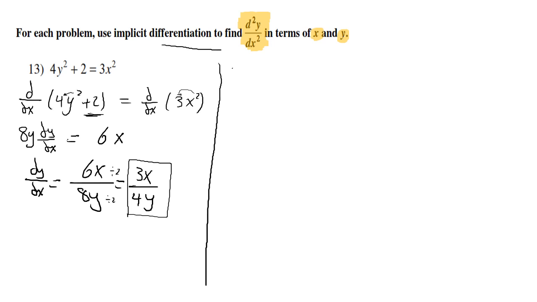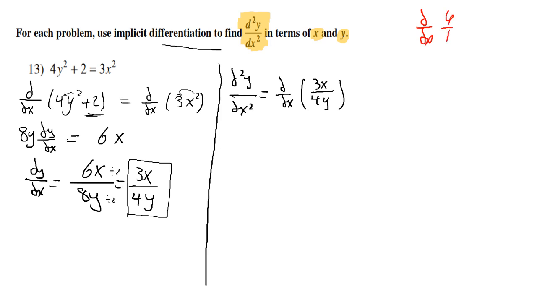So if I wanted to find the second derivative, I'm going to take d by dx of 3x over 4y. So d by dx of u over v is equal to the derivative of the first multiplied by the second, minus the derivative of the second multiplied by the first, divided by the square of the base.